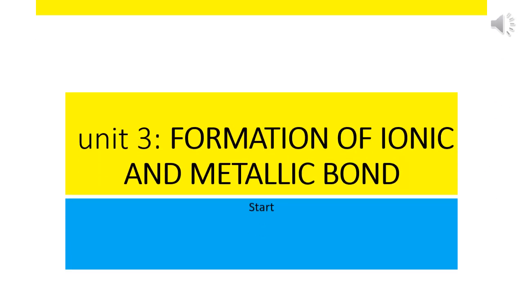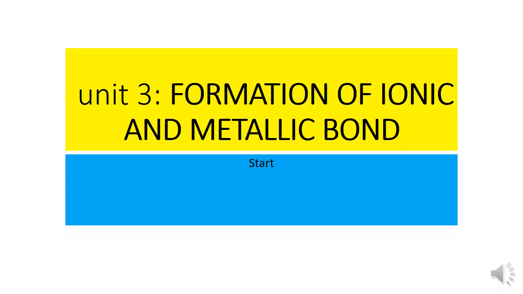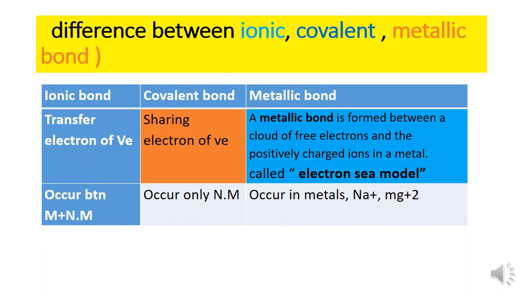Then, formation of ionic and metallic bond starts. What are the ionic bond, covalent bond and metallic bond? By definition, an ionic bond is a bond between metal and non-metal, where there is a transfer of valence electrons.